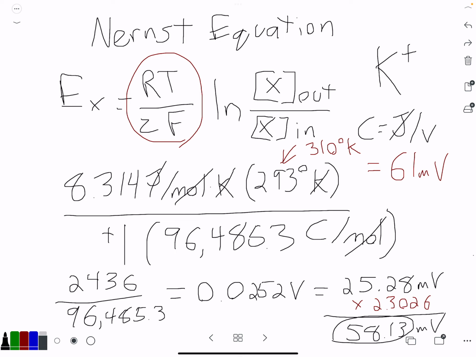And then doing this transformation of 2.3 so that we can work with log base 10 now. So that's where the 58 comes from and why we have it. And that's why it's different. That's why it goes up slightly when you're working with body temperature versus room temperature. Because the numbers that go into the equation change the temperature.